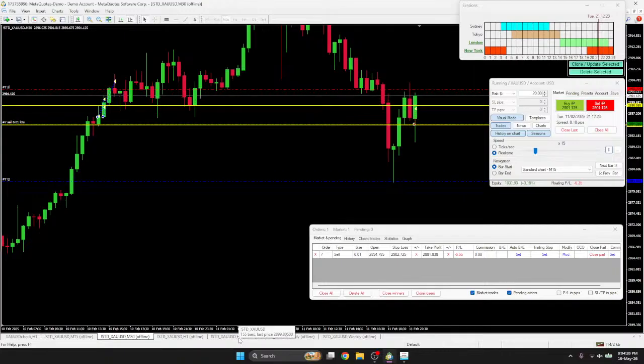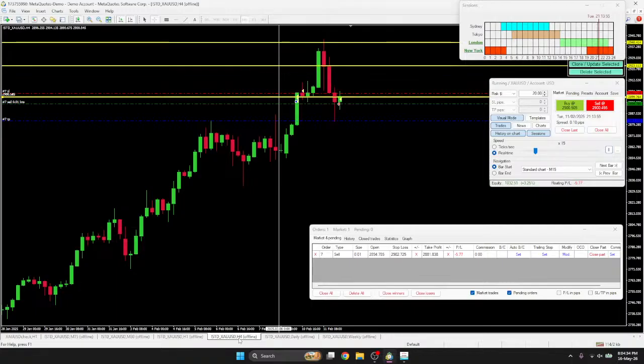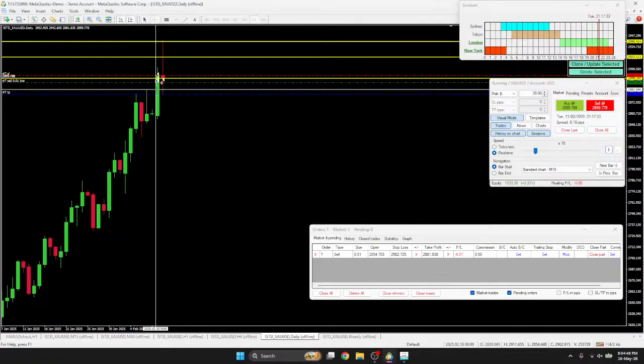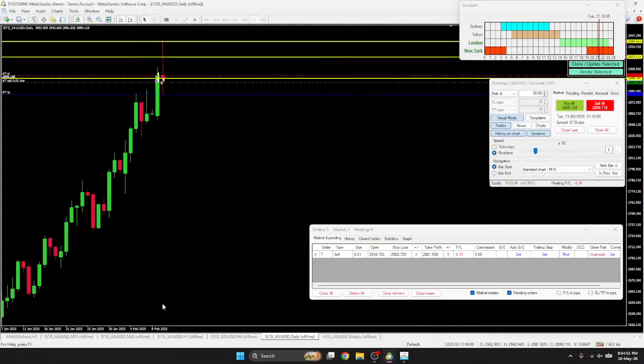Okay, very soon it can be hit my SL. The daily fills the gap with this candle high.